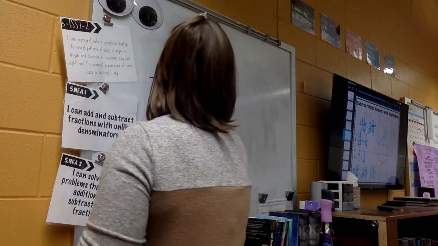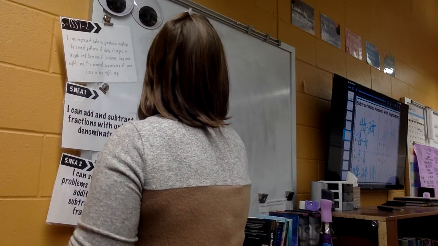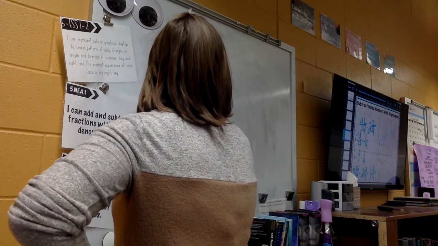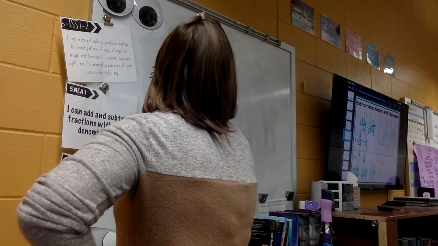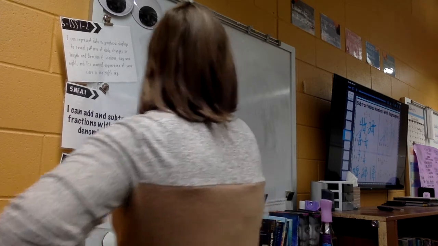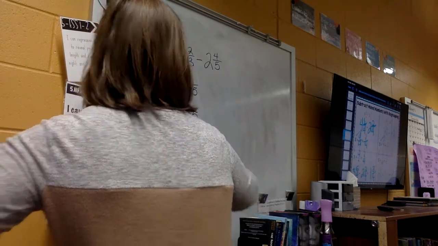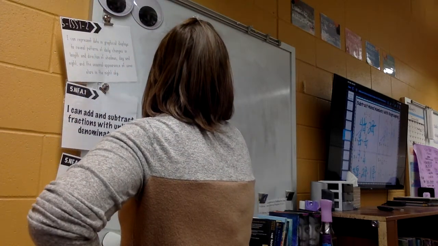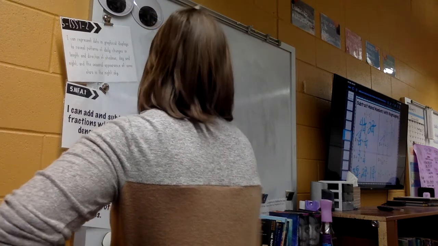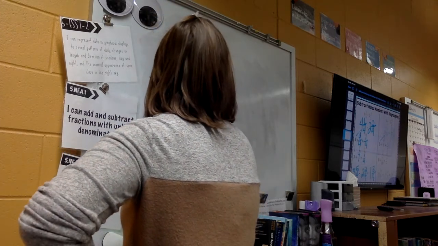So let's do my fraction part first so I can get my fractions right. I know that my common denominator is 15. Okay. 3 times what will give me 15? 5. Okay. 5 times what will give me 15? 3. Okay.